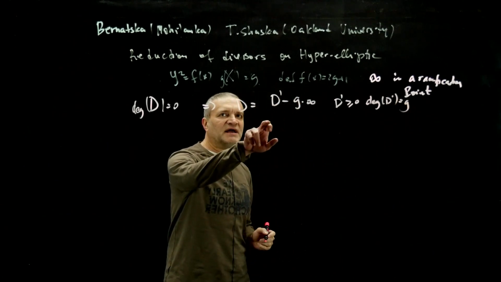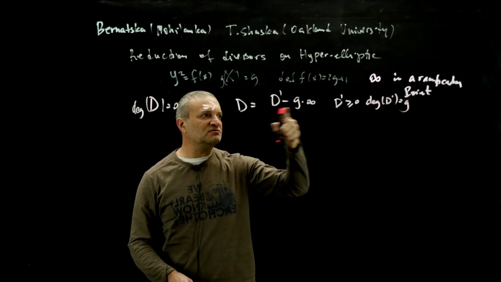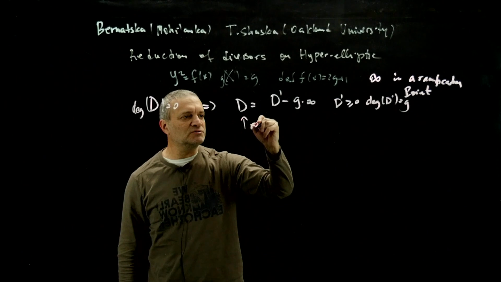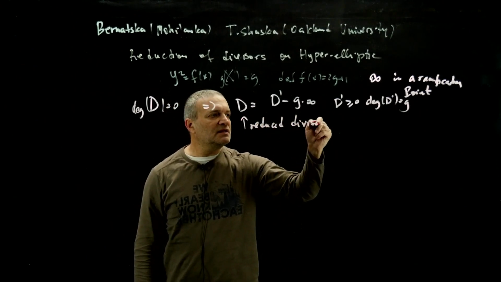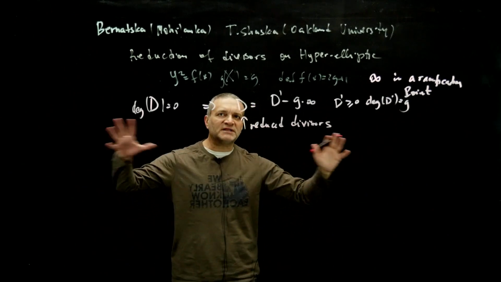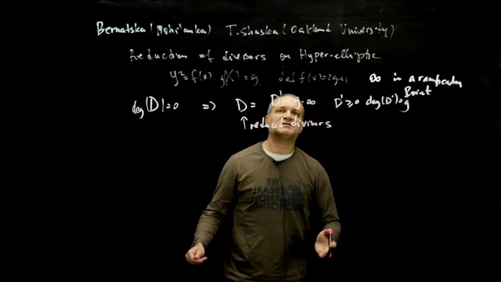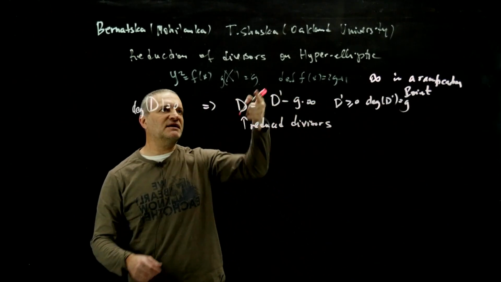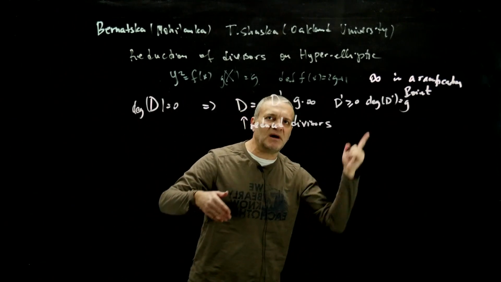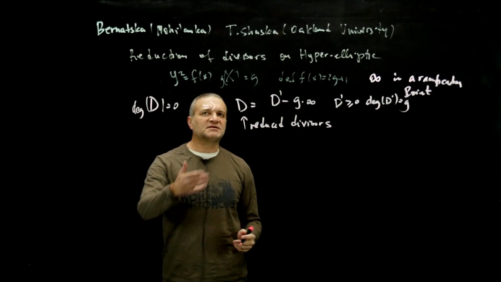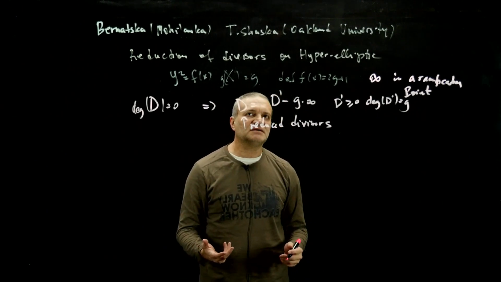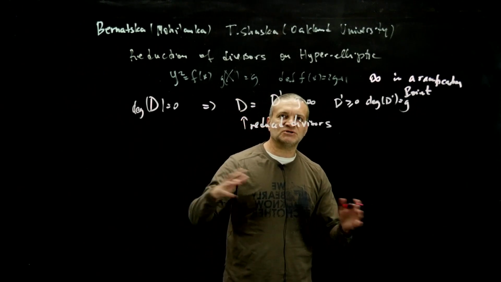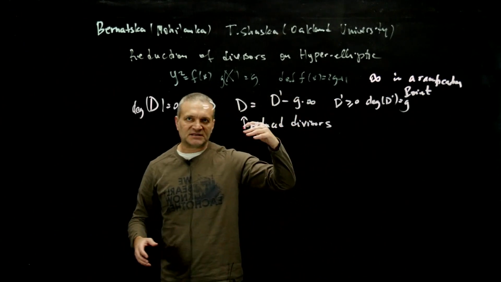Divisors of this form are called reduced divisors. If you look at the symmetric product of the curve g times and mod it by the symmetric group, these divisors form a fundamental domain of the action of the symmetric group on the Jacobian.